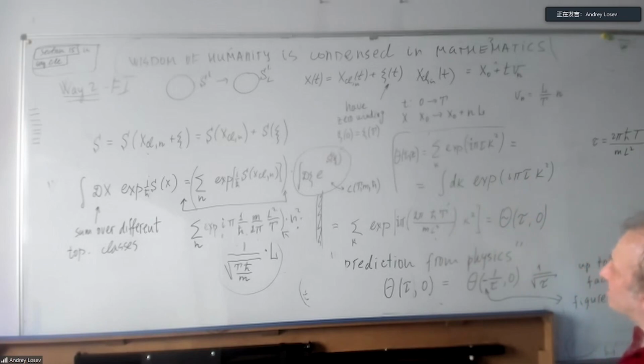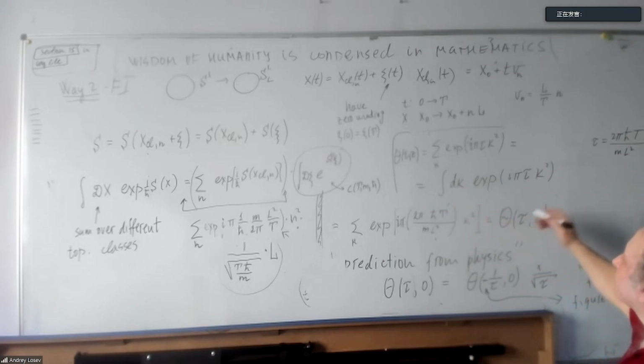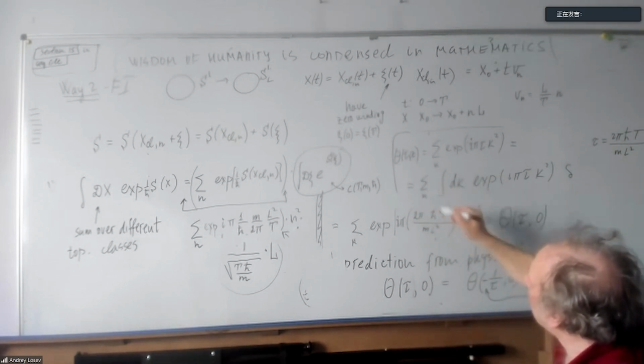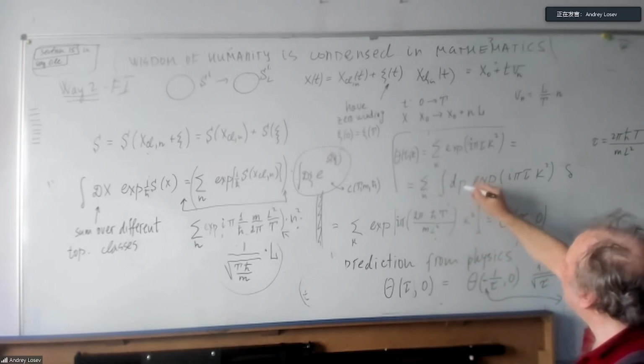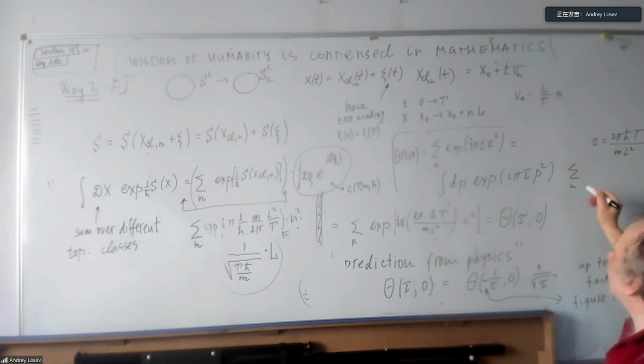Plus a condition. And this condition would be that k is an integer. Let me even call it p. And here I have a sum over k, and here I have a delta function saying that p equals k. Okay?